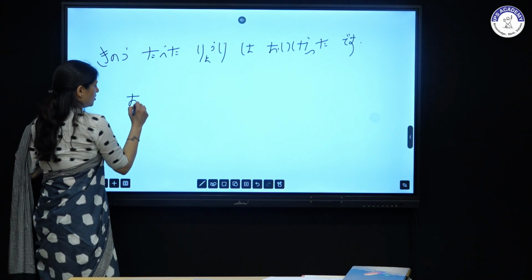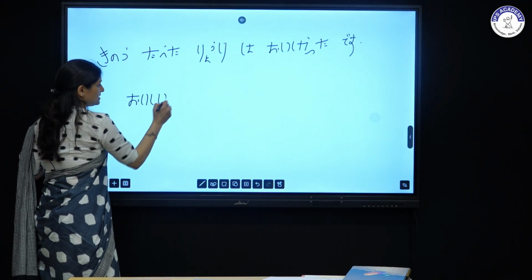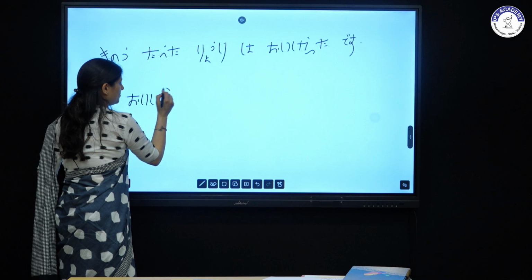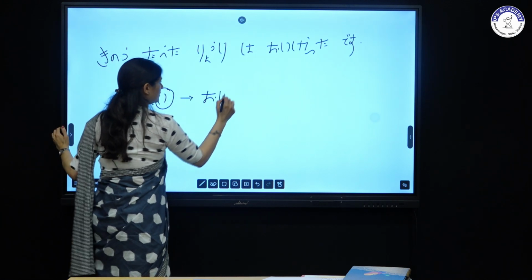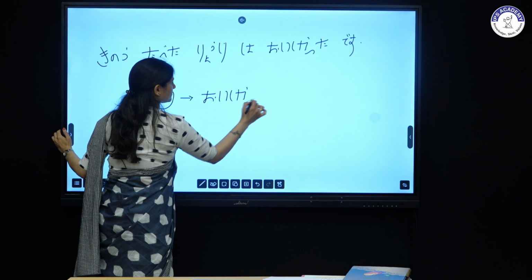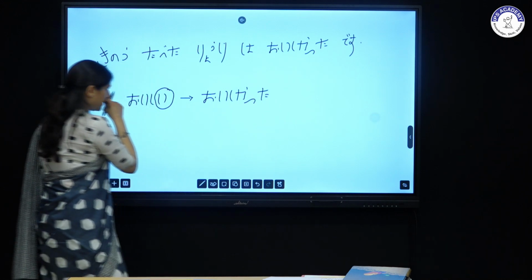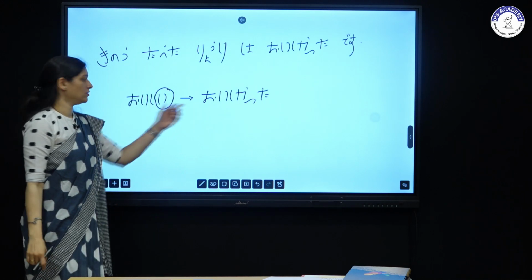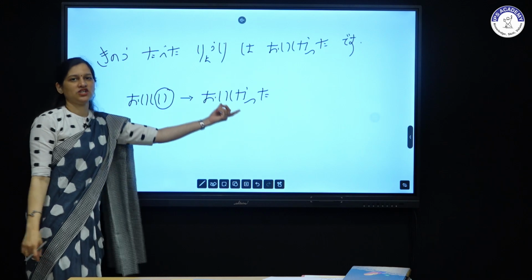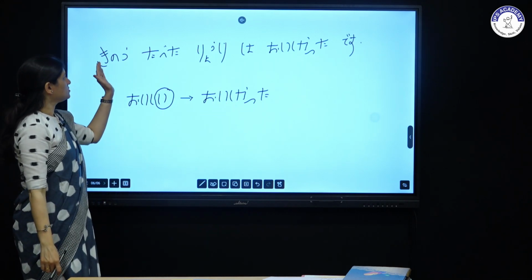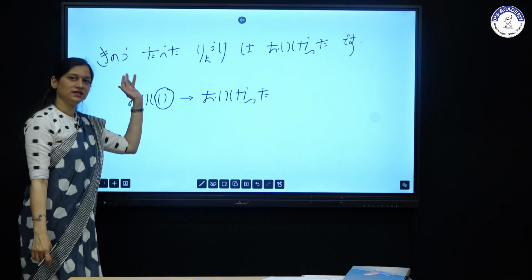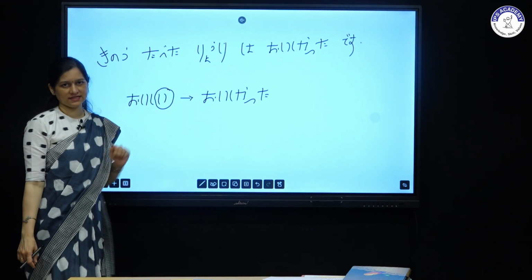See, oishi is the adjective. We replace e of this adjective with katta. So it becomes was tasty. Oishi is tasty. Oishikatta was tasty. Okay. So the food which I ate yesterday was tasty.